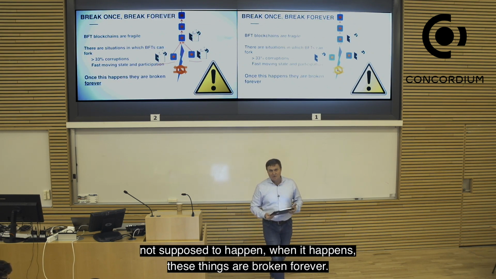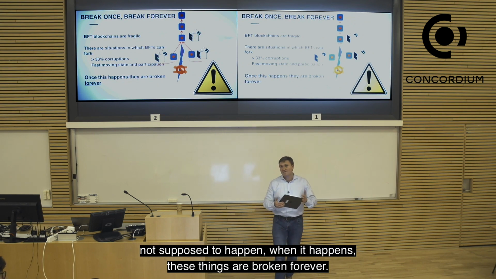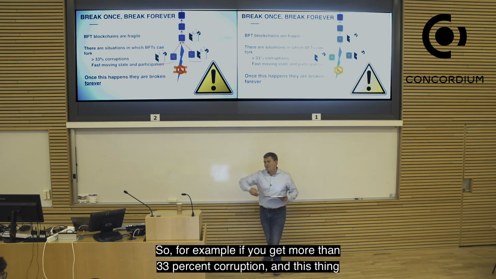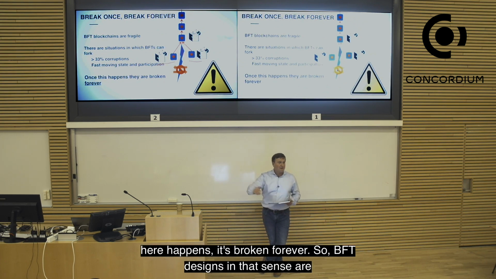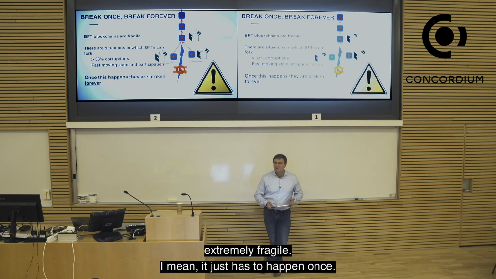And since this is not supposed to happen, when it happens, these things are broken forever. Okay? So for example, if you get more than 33% corruption, and this happens, it's broken forever. So BFT designs in that sense are extremely fragile. This just has to happen once.